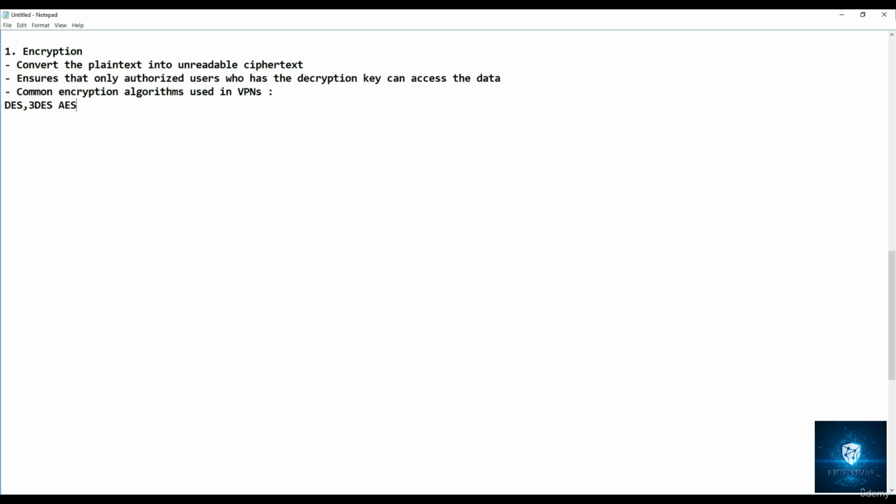You have got AES, that is Advanced Encryption Standard, and this is widely used. You'll see that AES and its various subtypes are used. AES is widely used for its speed and its security, and you have another one which is normally called ChaCha20. It is known for its efficiency on mobile devices.